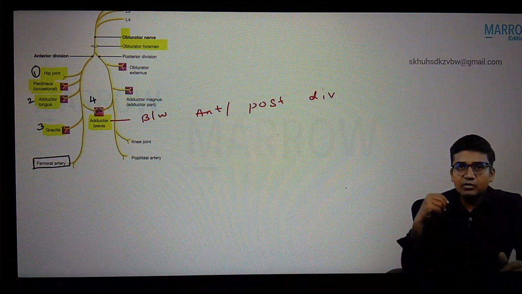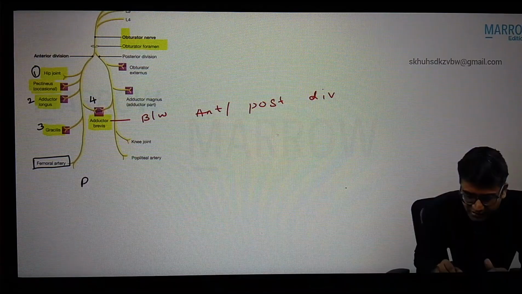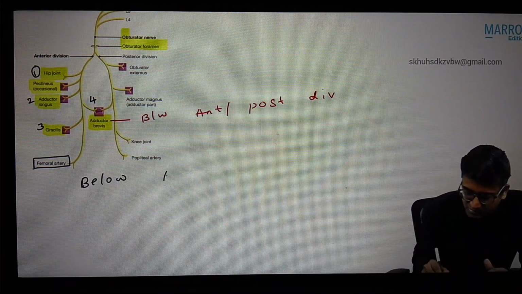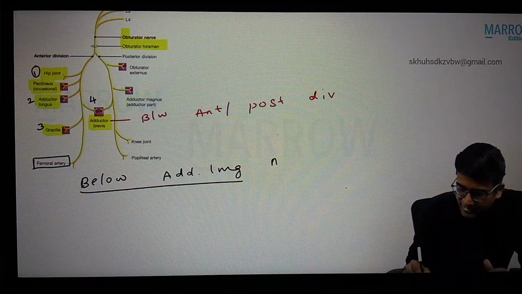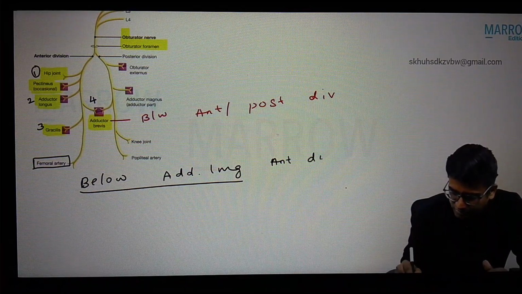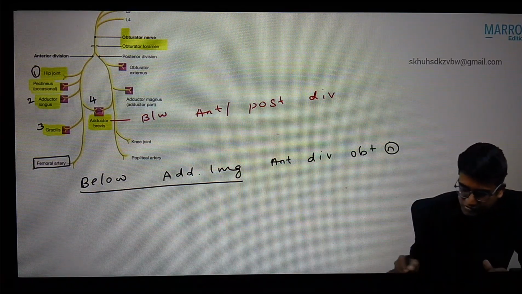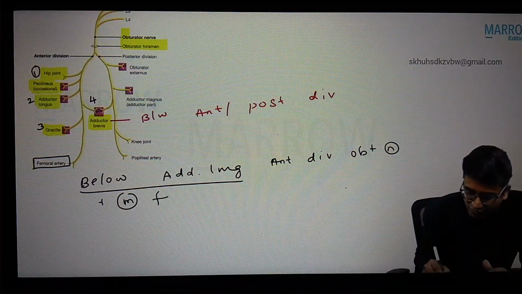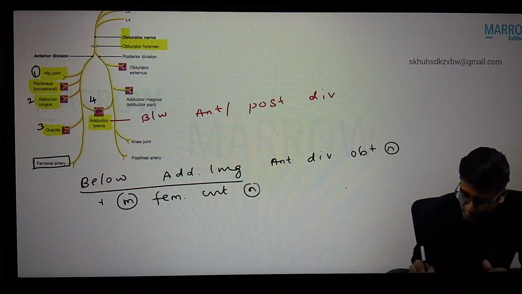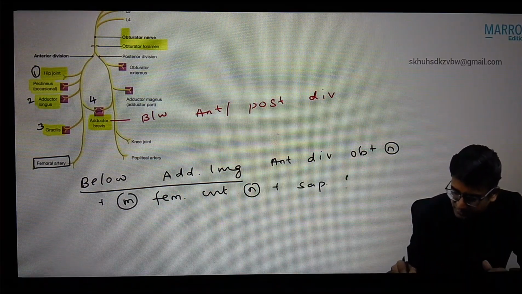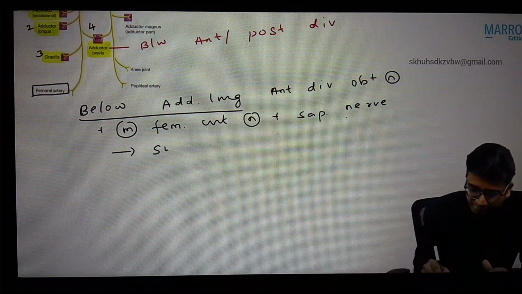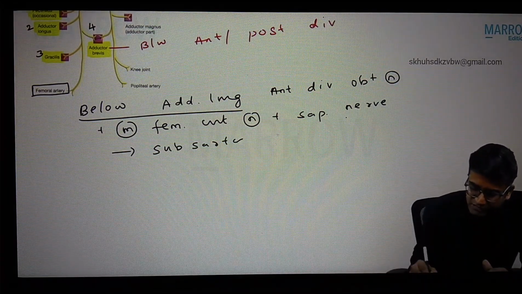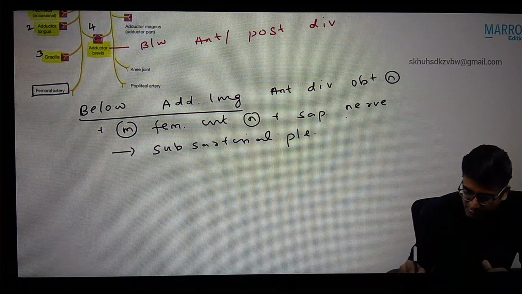And one more thing, below the adductor longus muscle, the anterior division of the obturator nerve joins with the medial femoral cutaneous nerve and saphenous nerve, and it forms the subsartorial plexus.